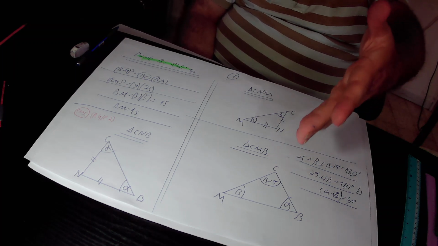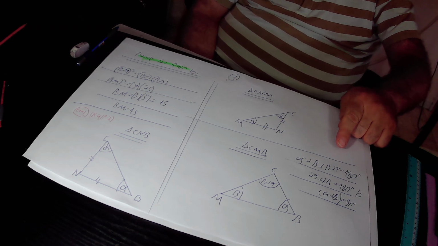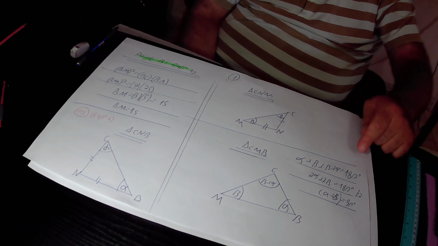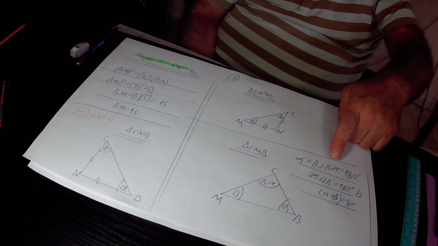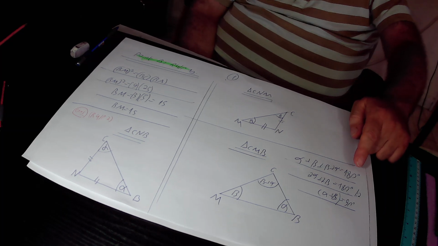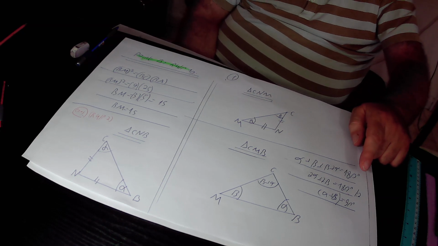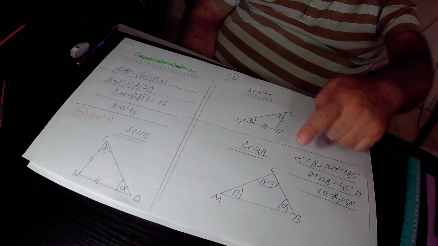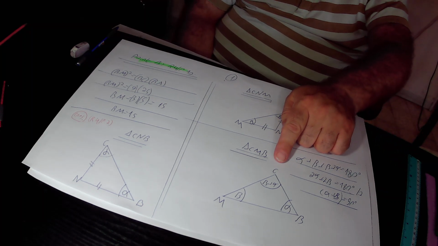In total, the sum of those three angles must be equal to 180 degrees. So alpha plus beta plus beta plus alpha must be equal to 180 degrees. Alpha plus alpha is 2 alpha, beta plus beta is 2 beta, so 2 alpha plus 2 beta equals 180 degrees. Here we divided this equation by 2, and finally found out that alpha plus beta equals 180 degrees over 2, which is 90 degrees. So this big angle MCB equals 90 degrees in its size.